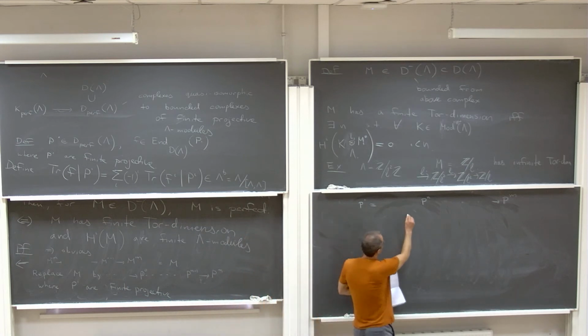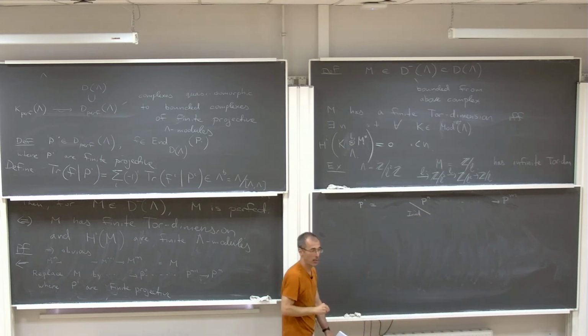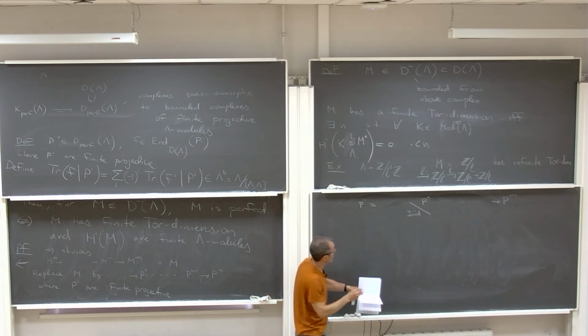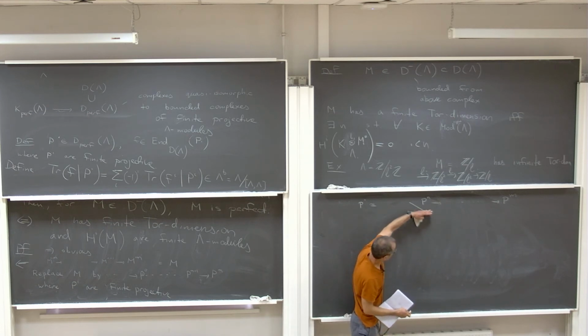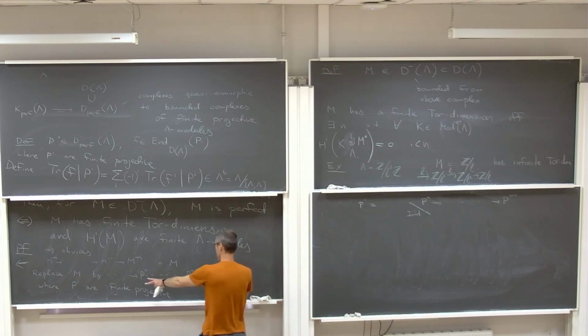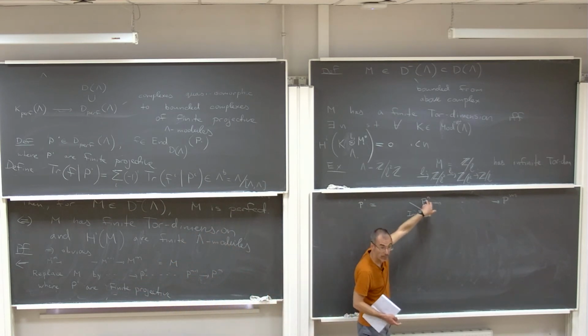So I take this quotient by the image of the differential. This truncation has the same homology as this complex in all degrees greater or equal than n by definition, and homology in degrees less than n is equal to 0 by assumption.